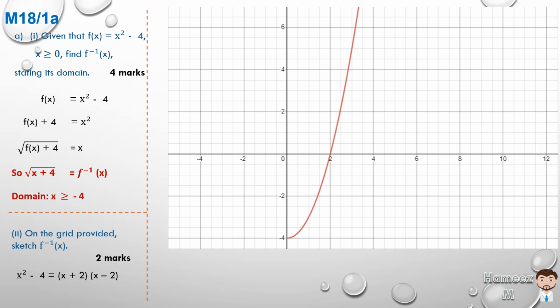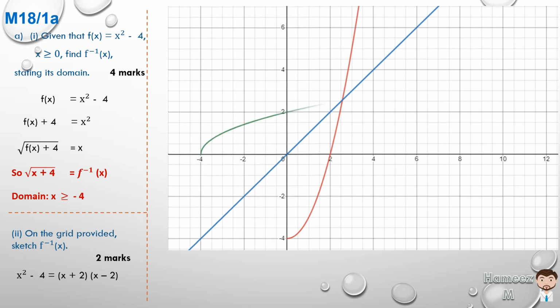In order to get the inverse of a function, we look at this blue line we're bringing up, which indicates the line y is equal to x. And that is necessary because the inverse of a function, which we're plotting in green, will be the reflection of what we have in red, the original function, f of x, about the mirror line, y is equal to x. So we're reflecting the red line about the blue line.